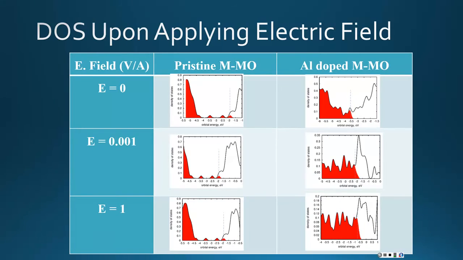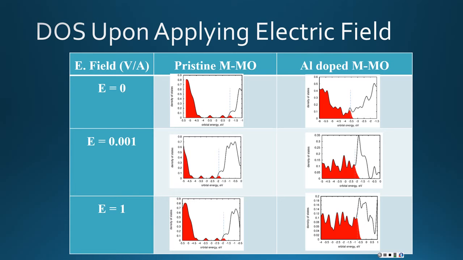When I take the DOS, it shows that this one is for pristine and this one is for the metal doped. In the pristine, there is an overlap at the Fermi level. This is the Fermi level, and this one is occupied. There are some metal characteristics, but there is a significant energy difference between the HOMO-1 and HOMO low energy states.